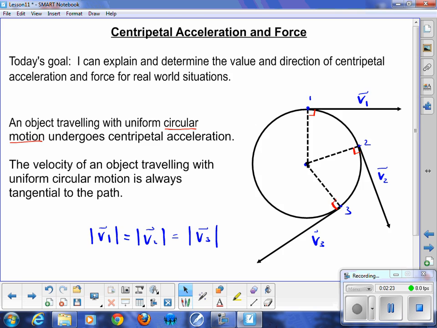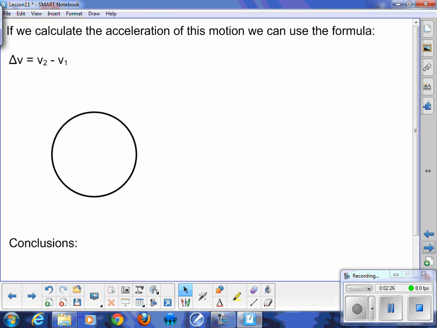So let's look at some of the vectors, vector addition it is to get to where we want to be. If we calculate the acceleration of this motion, we can use the formula delta V, the change in velocity, which I need to put some vector symbols on, is equal to V2 minus V1.